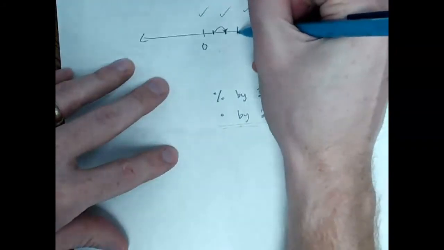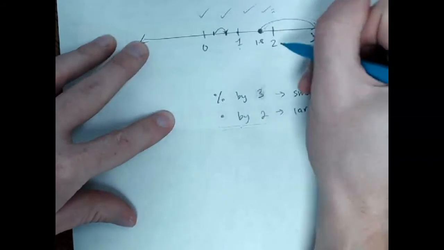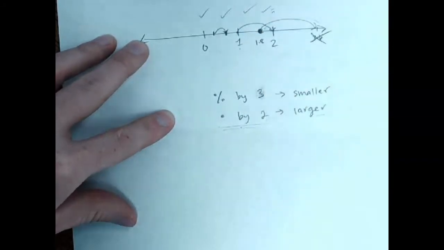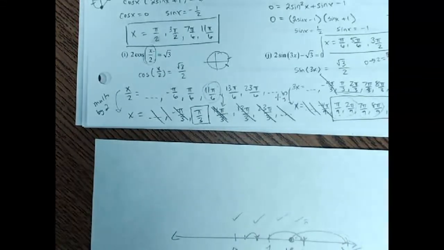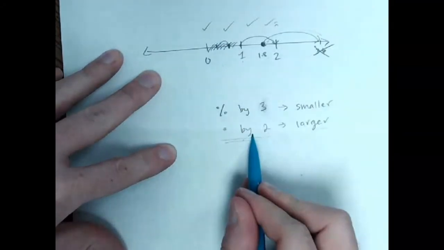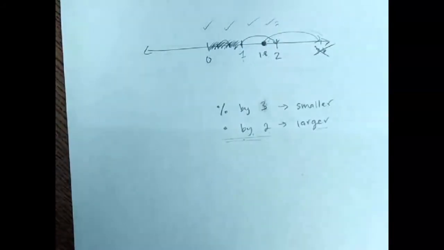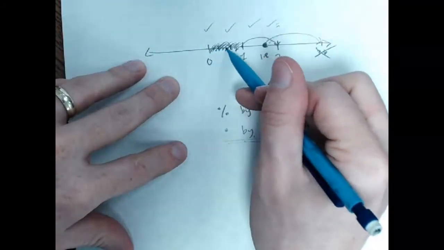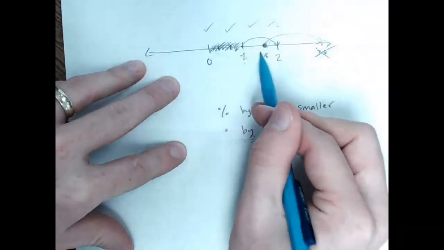You think about just mathematically, if I had 1 and I doubled it, it would land on 2. And remember, we weren't really caring about the 2, we were strictly less than the 2 pi. So really, if I was going to multiply by 2, all I really want are the things between 0 and 1. Because any of the points between 0 and 1, when you double it, would stay between 0 and 2.